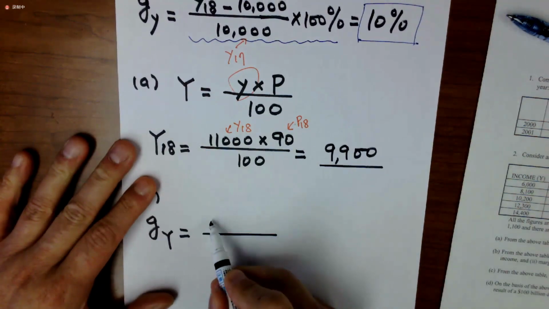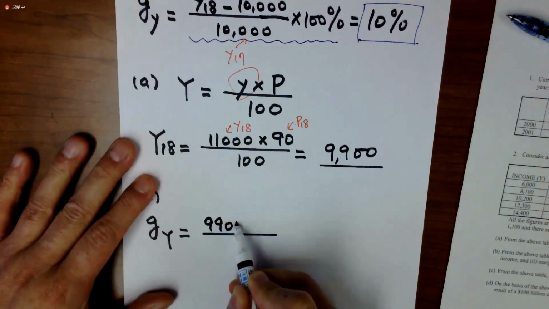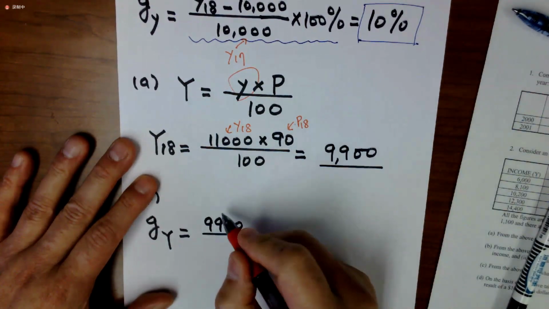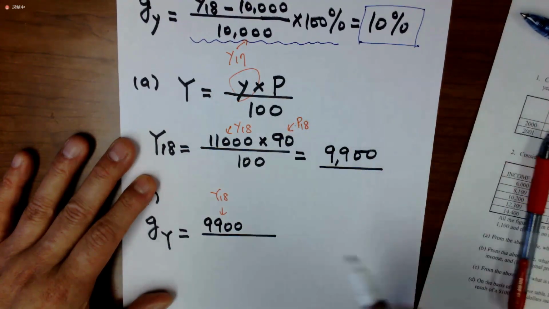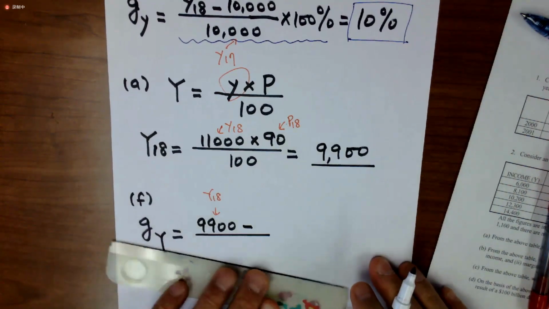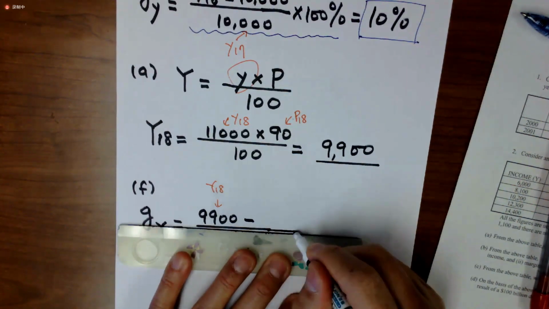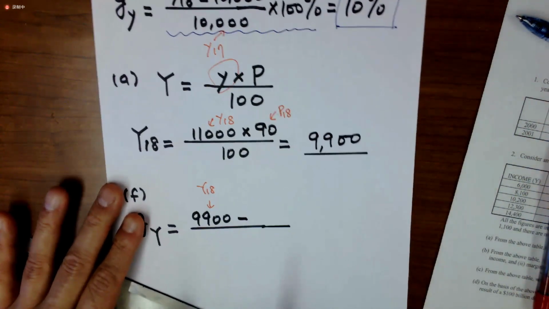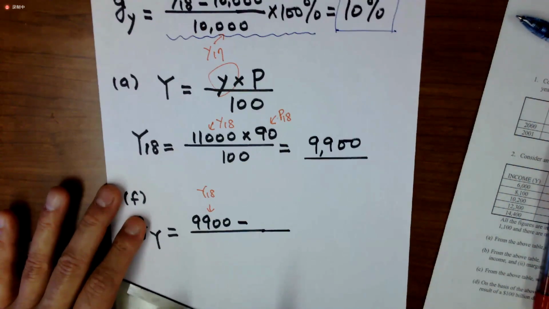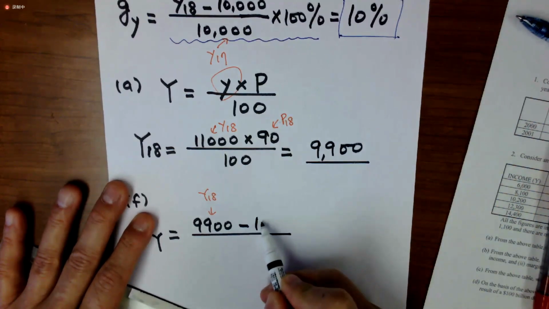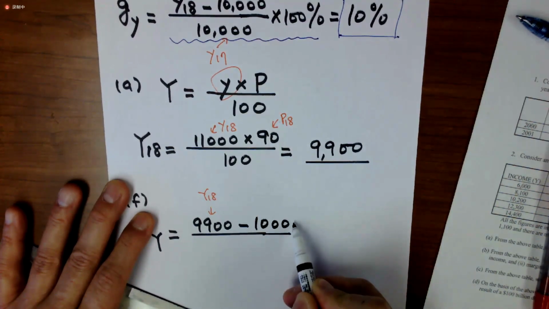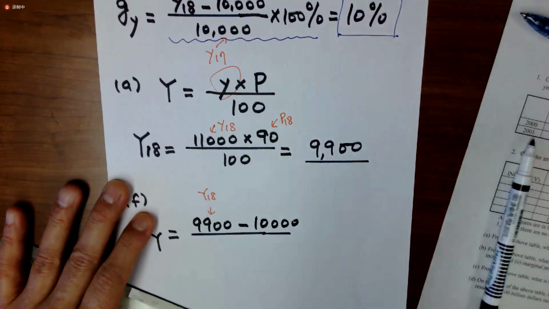What is it? 9,900. Okay. So this is my Y18. Do I have the nominal GDP for the previous year, the old nominal GDP for the year 2017? 10,000. Which is given to us.